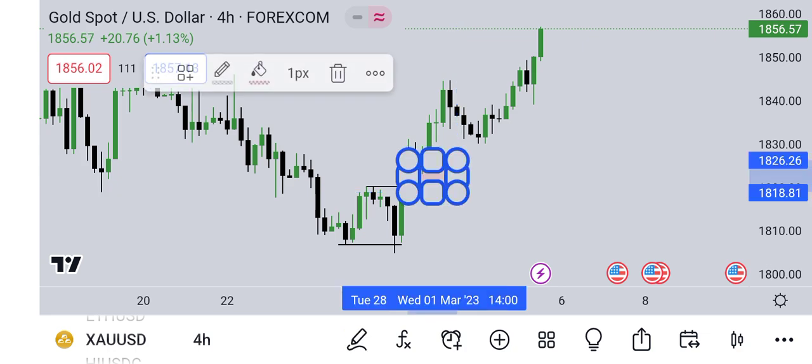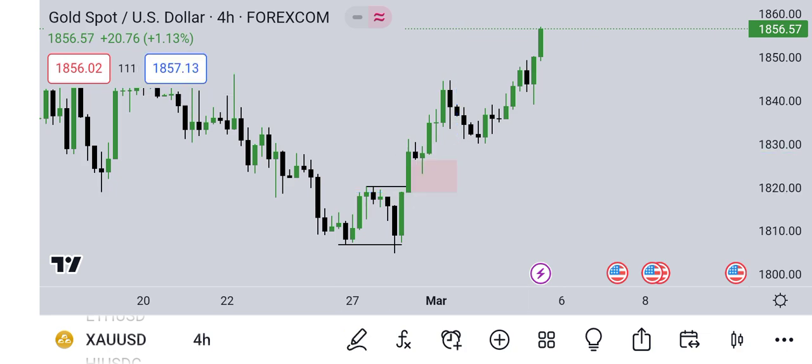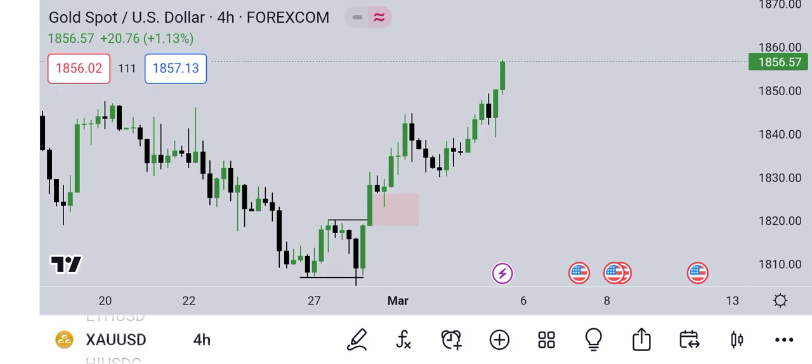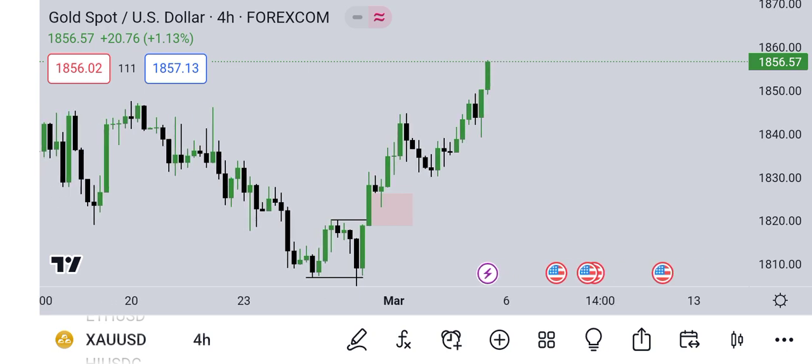Market just tapped into it. It didn't come to this other block, tapped into it, then it finds rejection. Okay, that's like balancing, a little bit of a range there. So it balanced it a little, then it rallied higher.